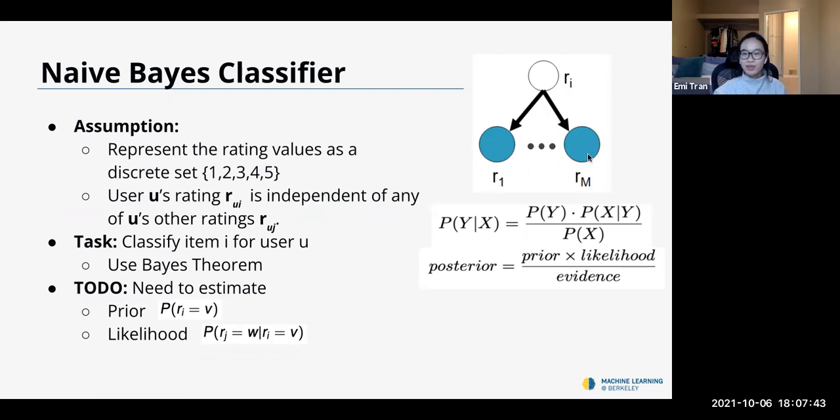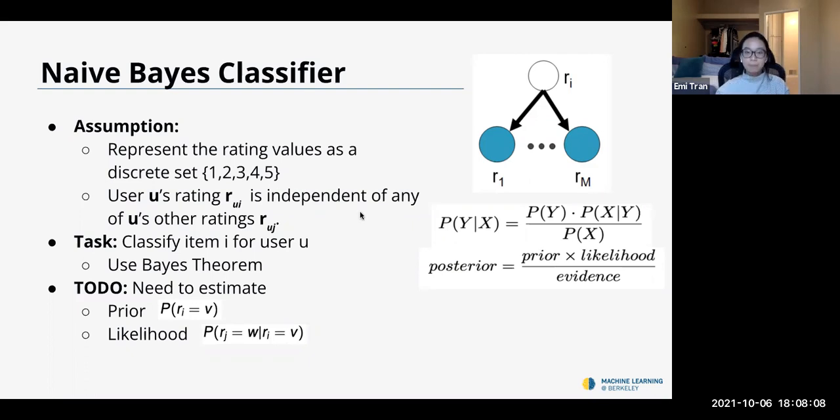It will be much hairier if it's dependent. If you have this white circle, it means you already know the rating for a certain movie. Green means you might know, either yes or no, more likely you don't know the rating of that movie. So in general, all the movies are independent.